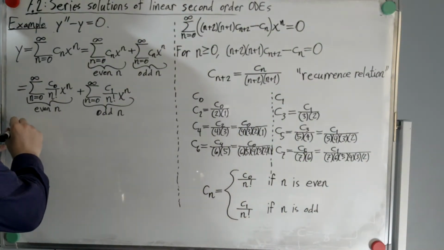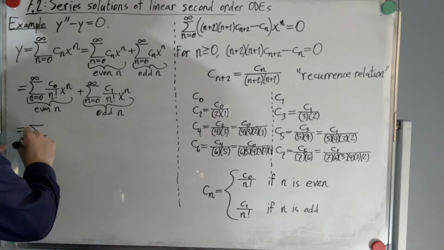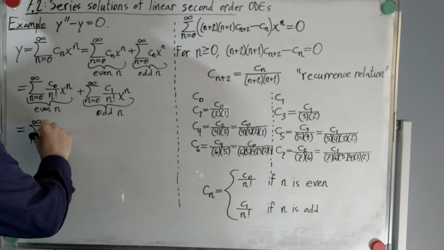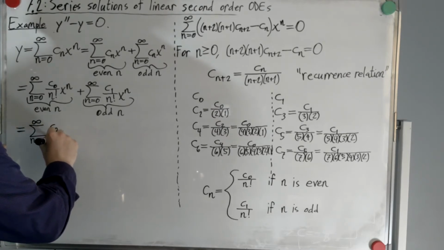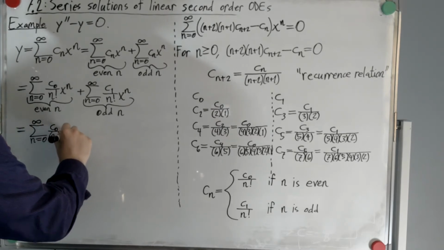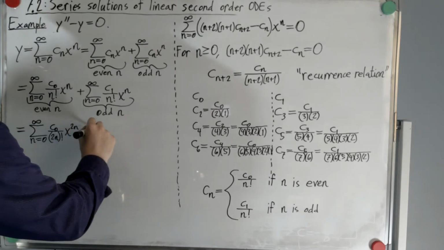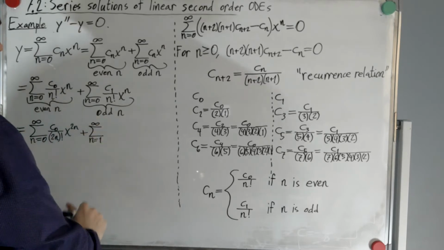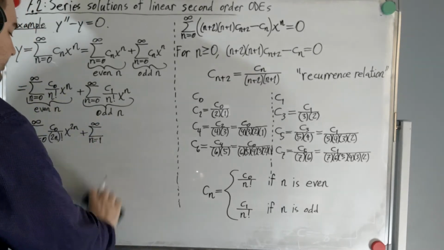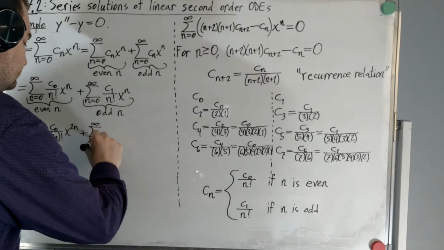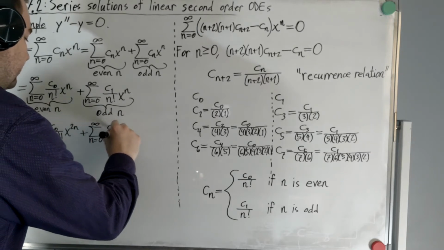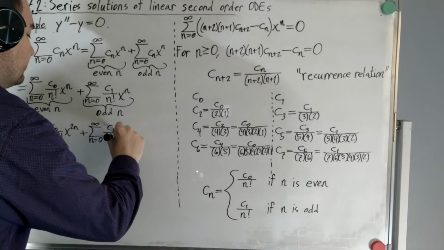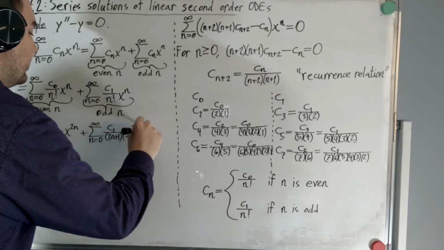You can rewrite this as the sum from n equals 0 to infinity of C0 over (2n) factorial x to the 2n, plus the sum from n equals 0 to infinity of C1 over (2n plus 1) factorial x to the 2n plus 1.